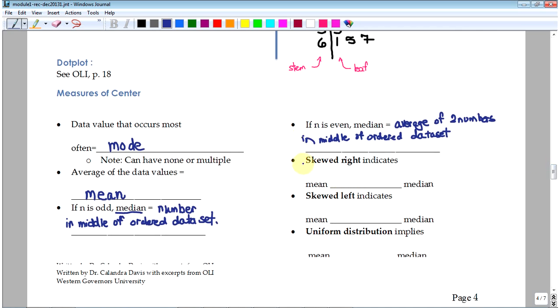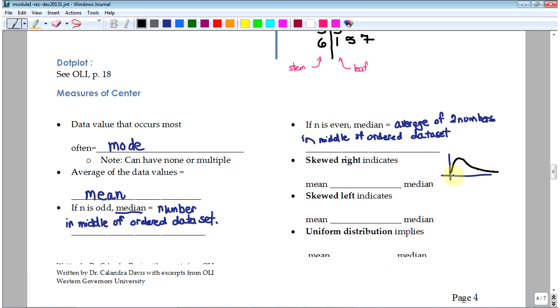Okay, well, going back to the idea of skewed right and skewed left. If something is skewed right, then there's a certain relationship that exists between the mean and the median of that data. Remember, skewed right means the tail is going to be going to the right.